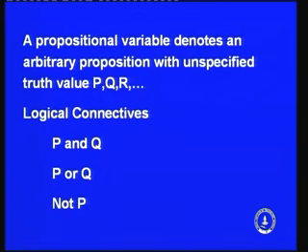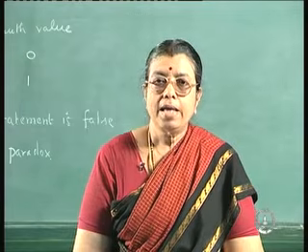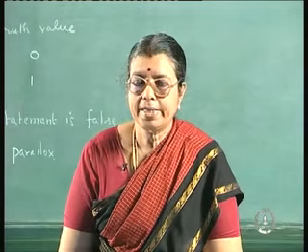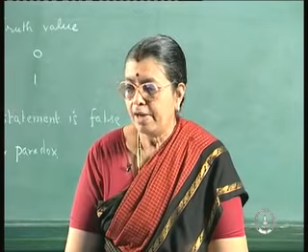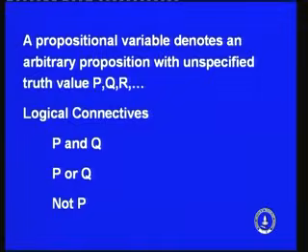They are all propositional variables and you can assign a proposition to them. Just as you assign the value 4 to x, you can assign a proposition as the value of the variable p.